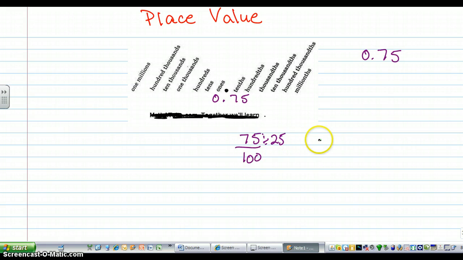Apologize. And we get 3. Divide 100 by 25, and I get 4. So 75 hundredths simplifies to 3/4. And we said 3/4. That's all. They are all equal. 75 hundredths equals 3/4, which equals 0.75. All right?